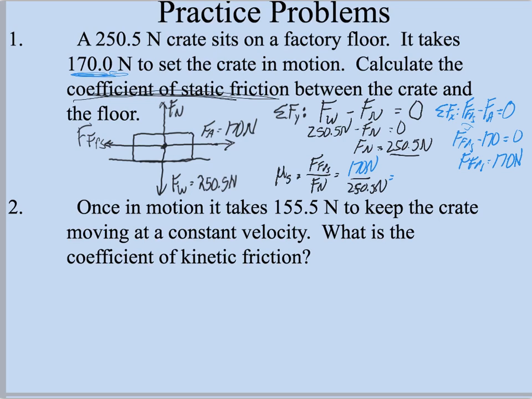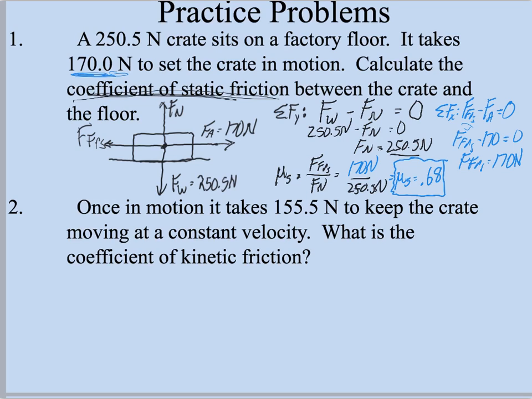And we end up with a mu value of 0.68. And that would be the answer. Now remember, the coefficient of static friction doesn't have a unit. It's just a ratio number. So that's going to be our answer for the first part.